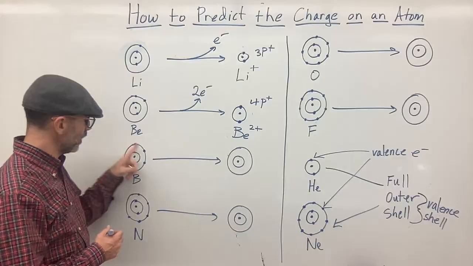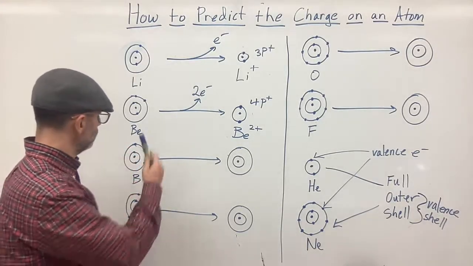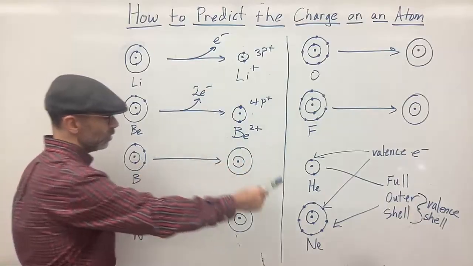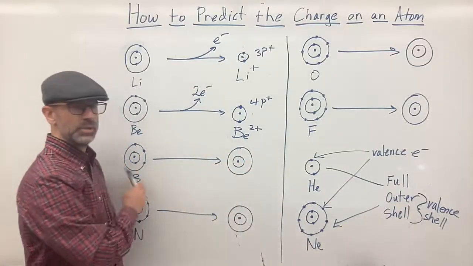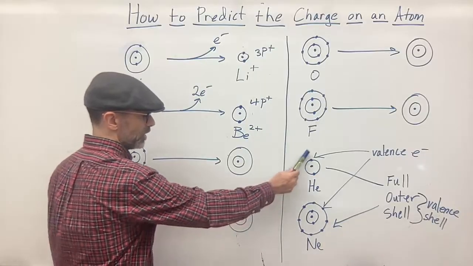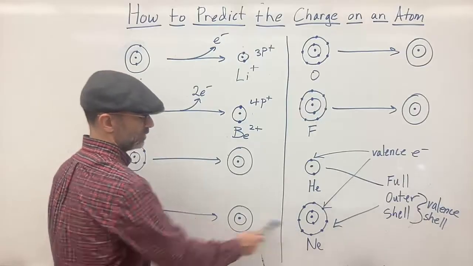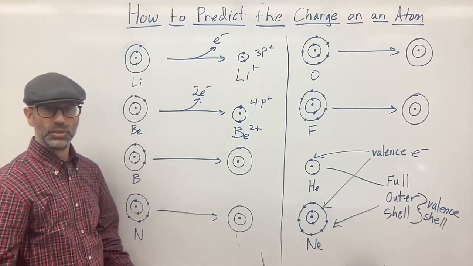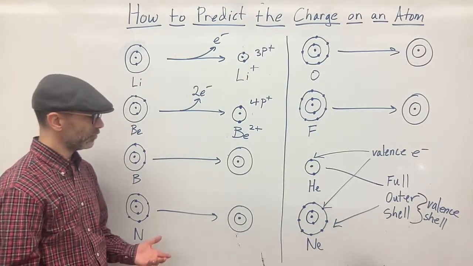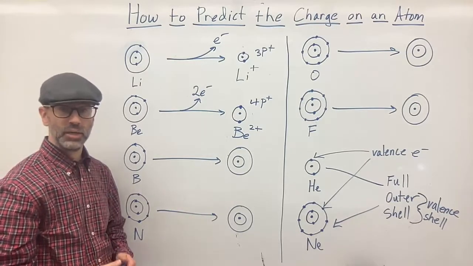Boron has 3 valence electrons. Keeping the pattern, we look at the noble gases. It wants to be like a noble gas. So either it's going to lose 3 electrons to be like helium, or it's going to gain 5 electrons to be like neon. Which is easier to do? Obviously helium, and helium's closer to it on the periodic table.